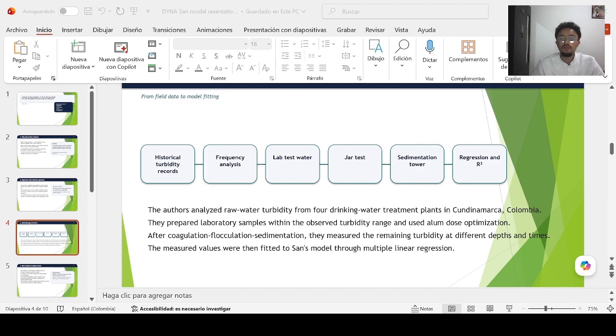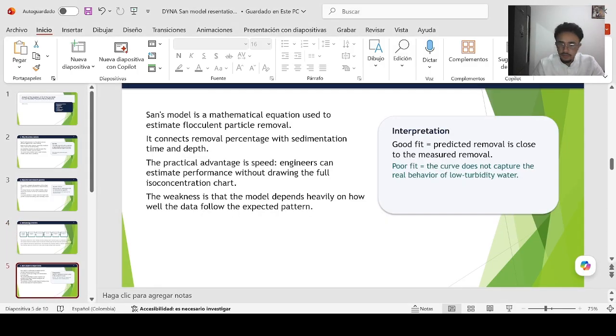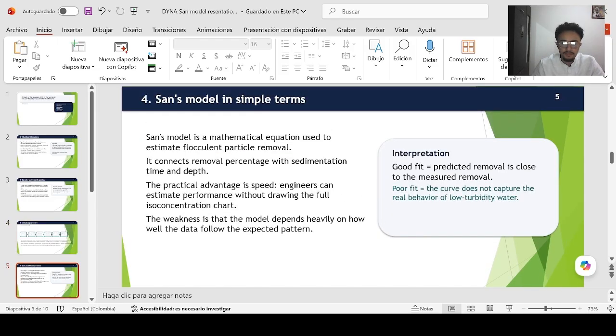Now we can explain this a bit more, as we can see on this page. The SAM model is a mathematical equation used to estimate the percentage of flocculent particle removal. It connects removal percentage with sedimentation time and depth, which makes it useful for describing settling behavior. The practical advantage is speed.